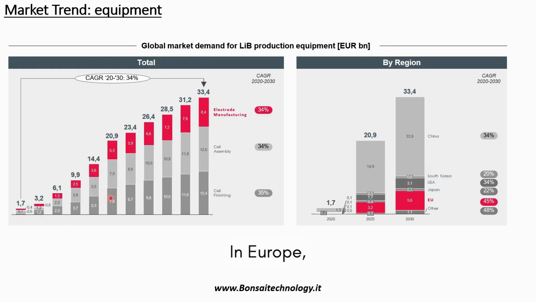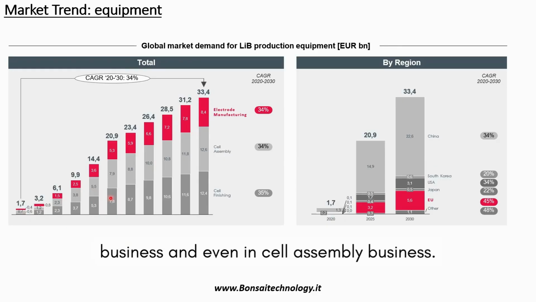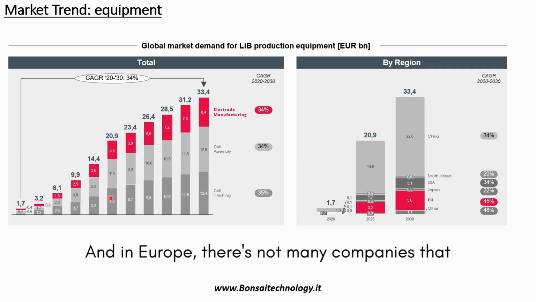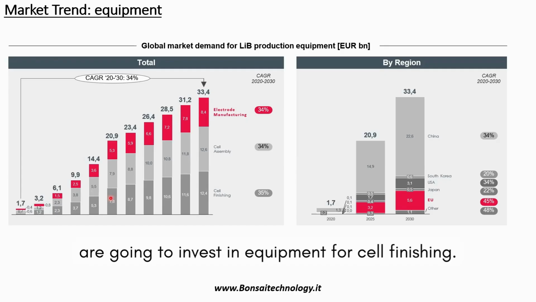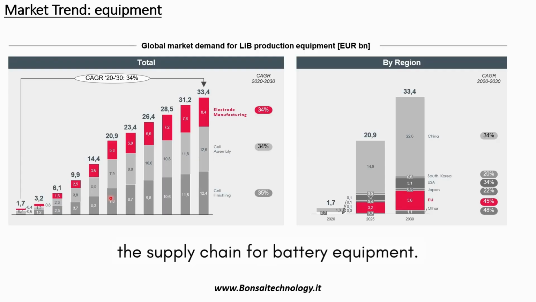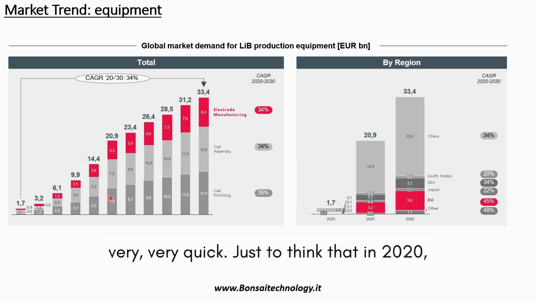In Europe, we need to say that most of the players are investing in electrode manufacturing and even in cell assembly. From the equipment point of view, cell finishing is mainly represented by Asian players right now. And in Europe, there are not many companies that are going to invest in equipment for cell finishing. By region, again, as you can see, China represents the main part of the supply chain for battery equipment, but Europe is increasing very, very quickly.